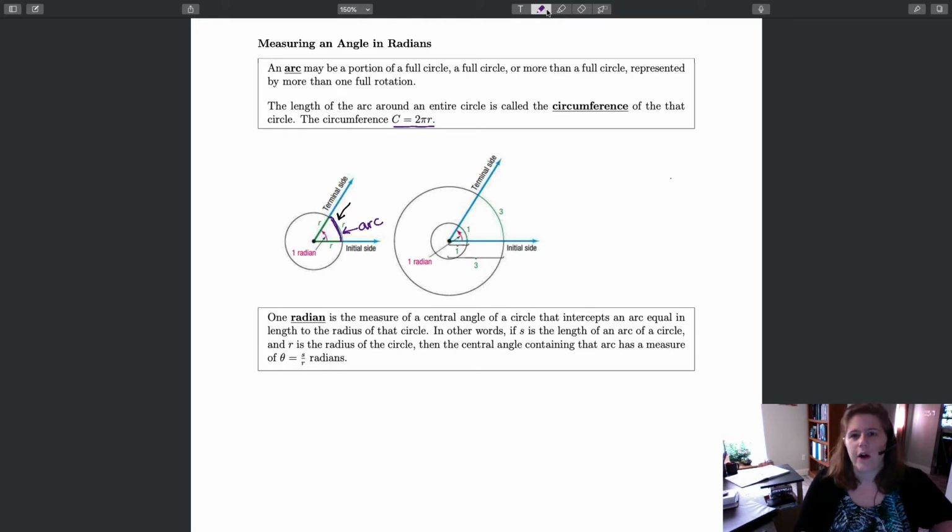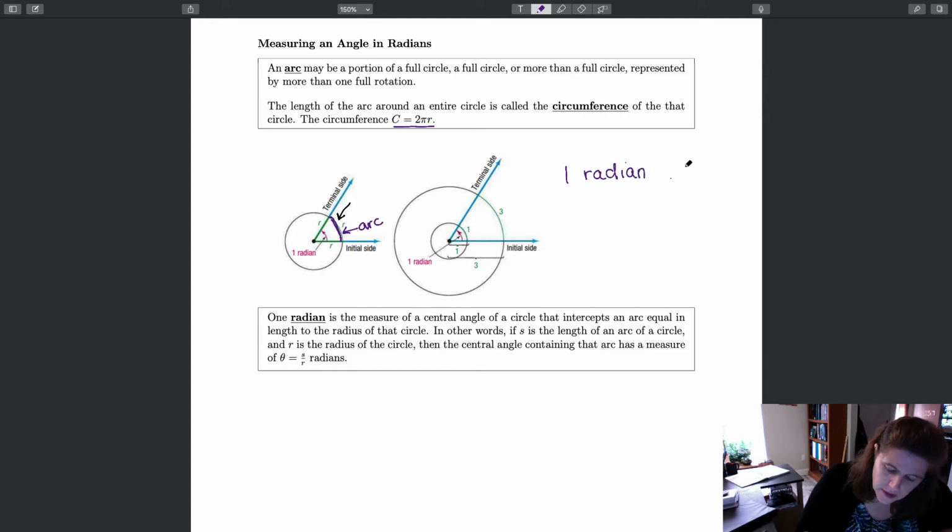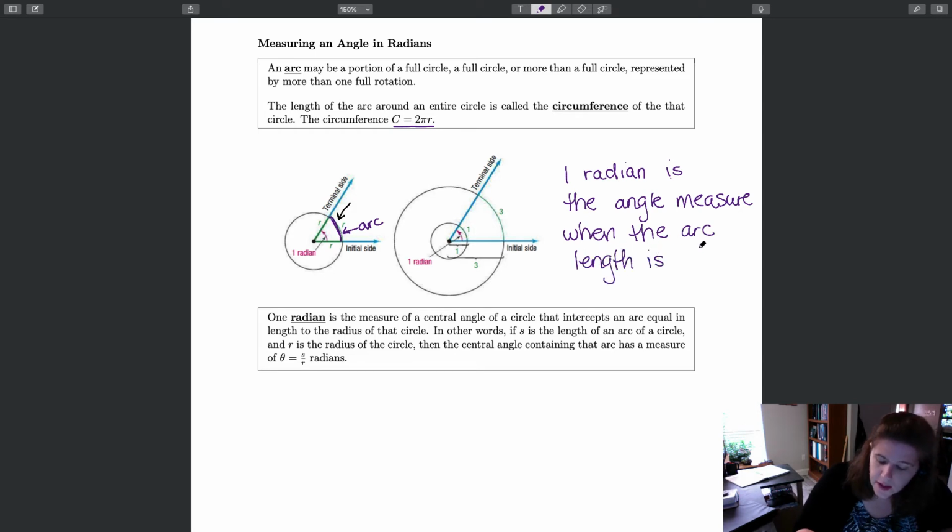When we're trying to figure out how much of the portion of the circle is 1 radian, 1 radian is the angle measure when the arc length is equal to the radius of the circle.